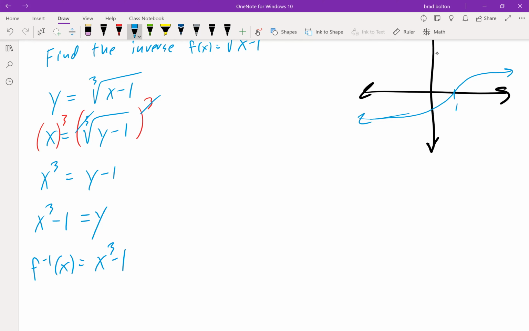Okay. Now, if I graph x cubed minus 1 on the same graph on my calculator, they should be mirror images of each other. So again, I'm not perfect at drawing, but I'm going to try.